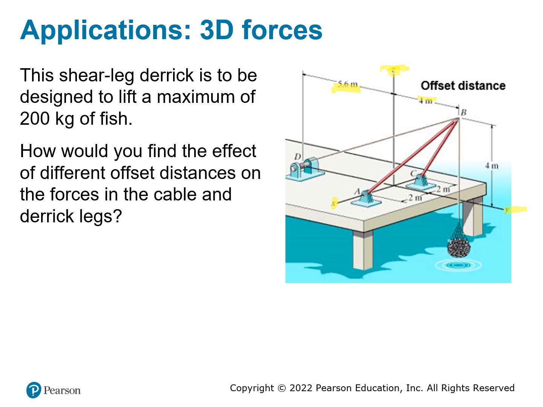And there is this red bar A and B, and this red bar B and C, and the cable D to B, and a cable from B going down to the load. Each one of these is going to have a force, and how do we analyze these forces so that we can design the material to support this situation?